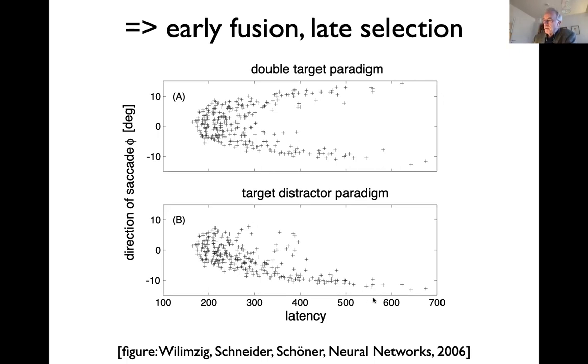And there you see that the late saccades are going to the correct target, and the early saccades are averaging. And if you have a two-target paradigm, and you don't specify which of the targets is the right one, then you get bistability for long latencies. That is, it selects randomly one of the two, and averaging for short latencies. Now, that's only under the right conditions when both stimuli are similarly potent with similar input strength.